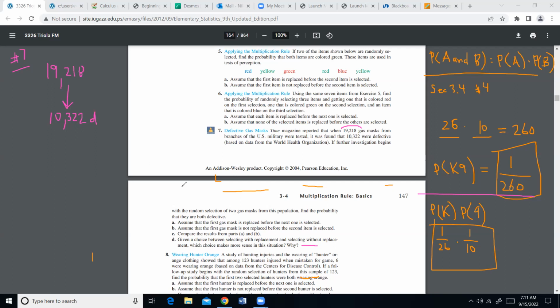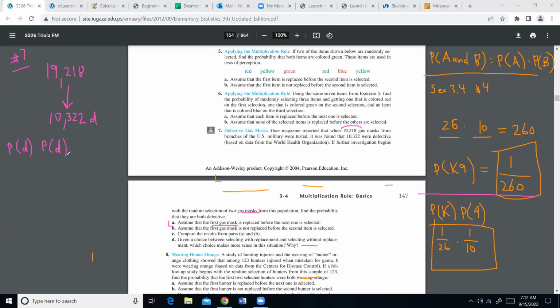Okay. So in part A of this exercise, they say, if they select a first gas mask, and then they also select another gas mask. So what's the chance they're both defective? So what's the probability that one is defective and another one is defective? So I'll multiply, right?